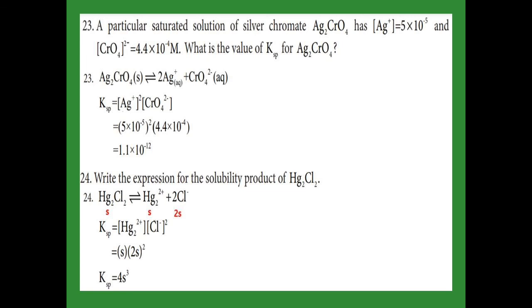Then the molar solubility is S, because it is 1 mole for the mercury chloride and the mercury also 1 mole, but chlorine is 2 moles, so we have to put 2S. Then the solubility product is S into 2S to the power of 2, because chlorine is 2 moles. After calculation we get the solubility product as 4S to the power of 3.